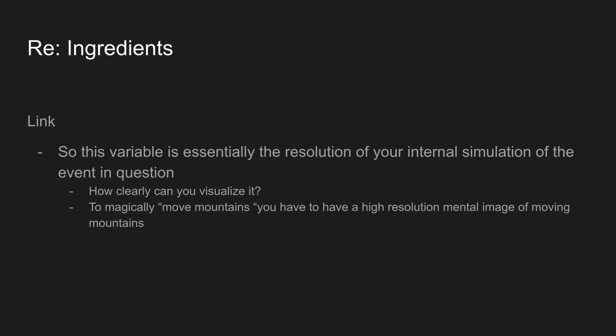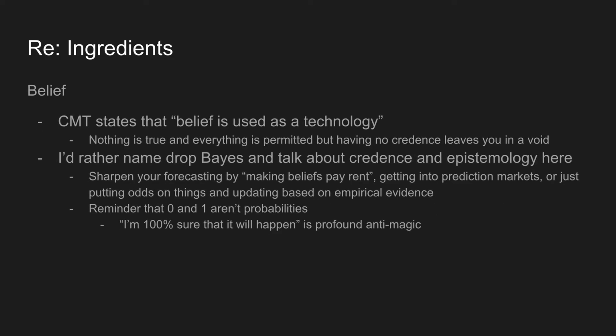If you indeed have the perfect magical image in your mind of how to move mountains, maybe you could, but that's not going to happen. So don't try to teleport planets, but realize that the implication here is that you need to have a fine-grained, high-resolution magical link that will show you what you are trying to target and how you're getting it.